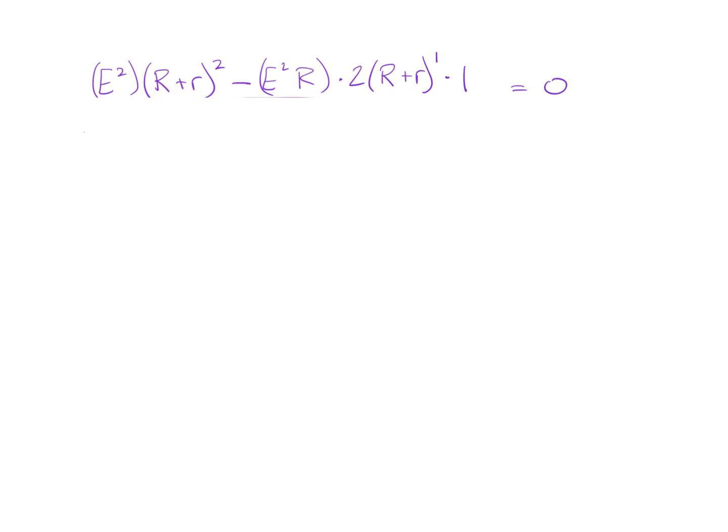So I'm going to factor out E squared and a big R plus little r. What's left when I factor that out? Here I took out the E squared. I took out one of these R plus r's, so I still have one left, capital R plus little r. Then I have minus. Over here, I already took out the E squared, and I already took out this R plus r, so I'm left with a big R and a 2.